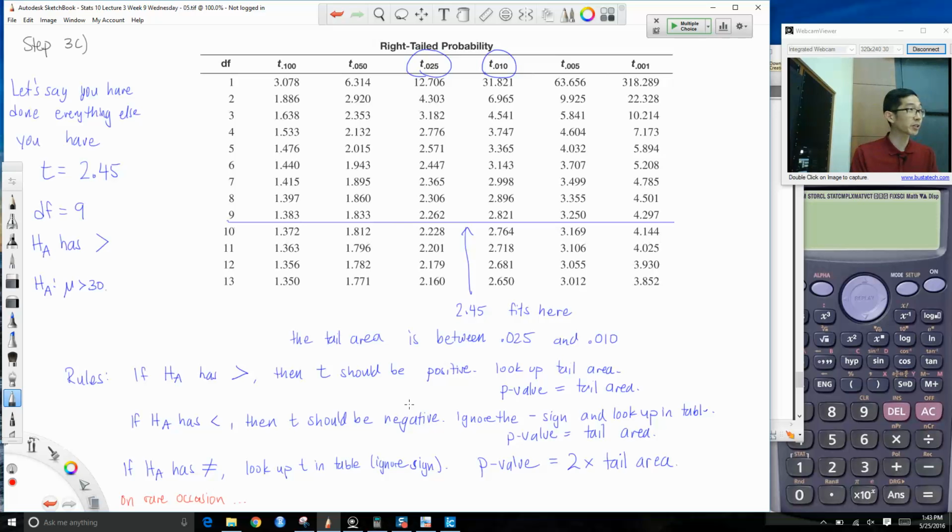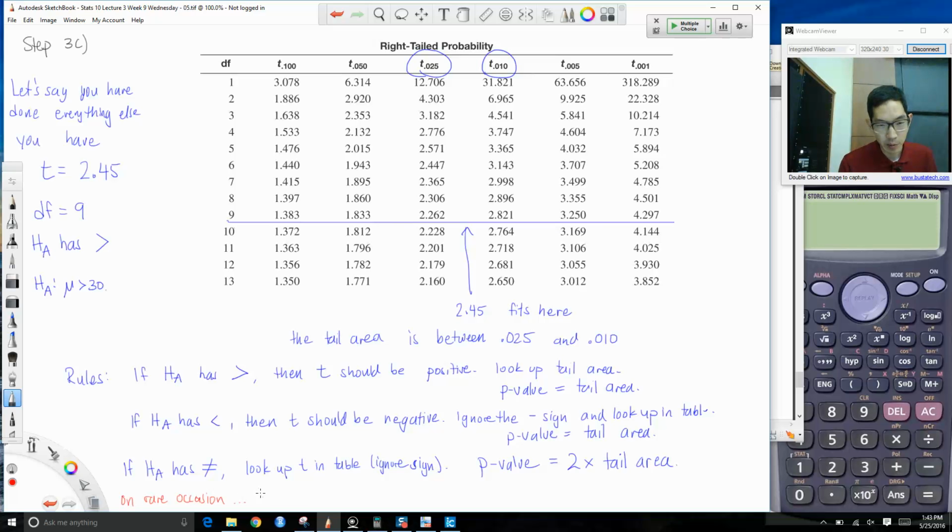On rare occasions, you'll have a mismatch, where the alternative has a greater than, but t is negative, or the alternative has a less than and t is positive. Then what you do is your p-value is 1 minus the tail area. But I would say that doesn't happen very often.